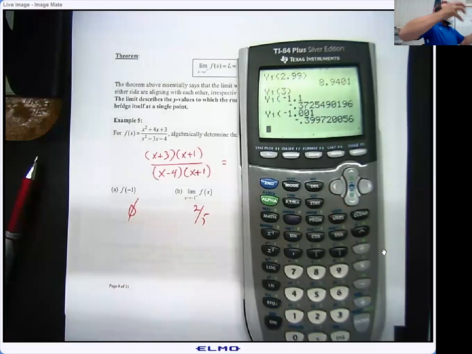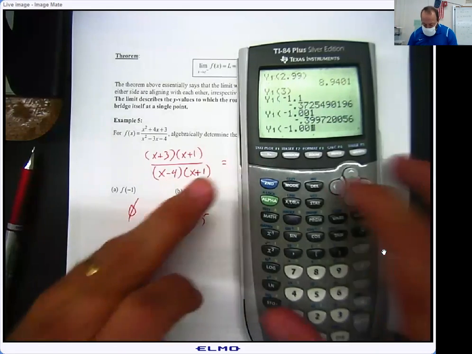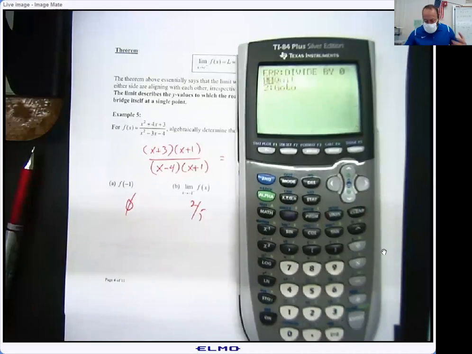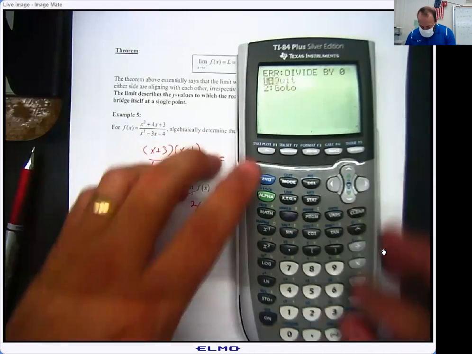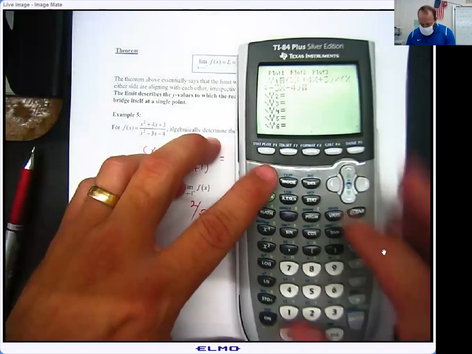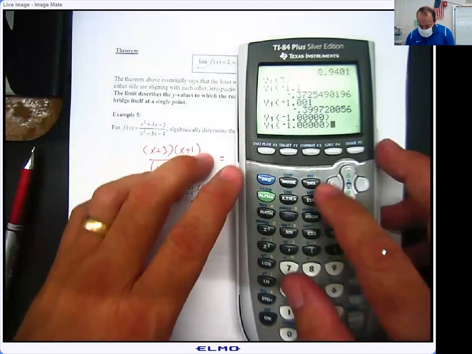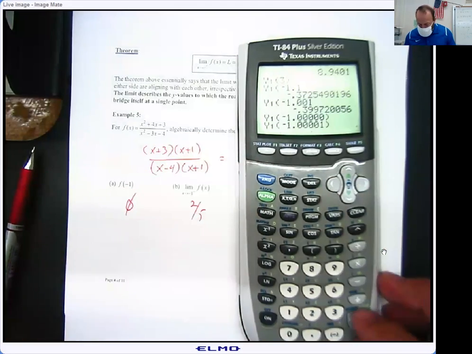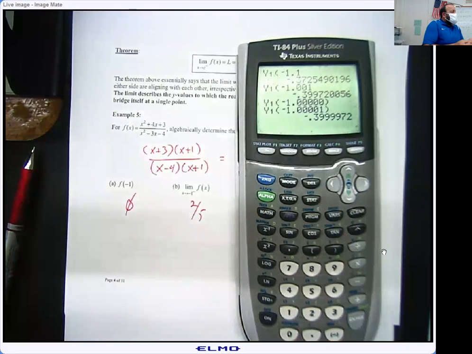But you guys see what number that appears to be getting closer and closer to. Oops, what happened? It didn't like that. Oh, I missed the 1, that's why. Do you see, does it appear to be getting really, really, really close to that number of -2/5?